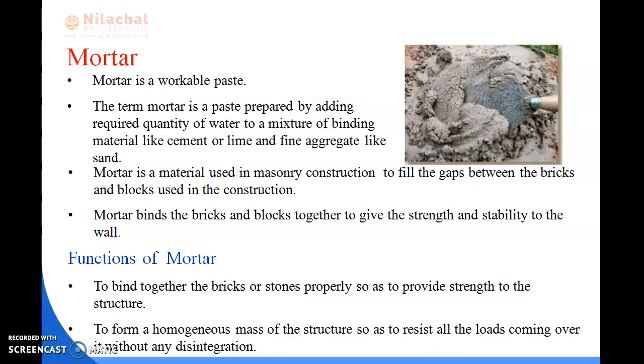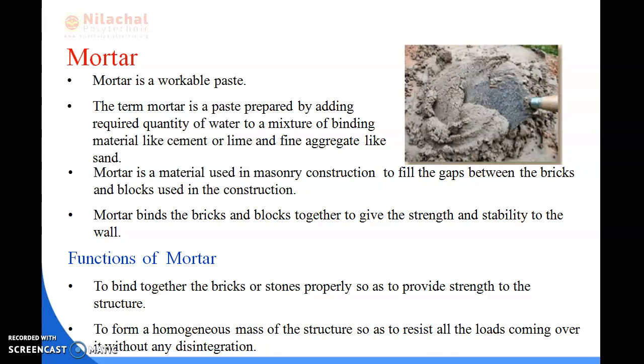Why is it placed? To give strength and stability to the wall. The mortar binds the bricks and the blocks together to give the strength and stability to the wall.